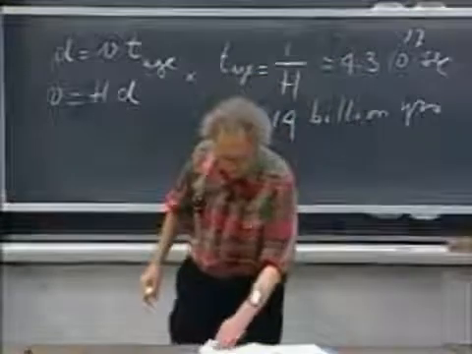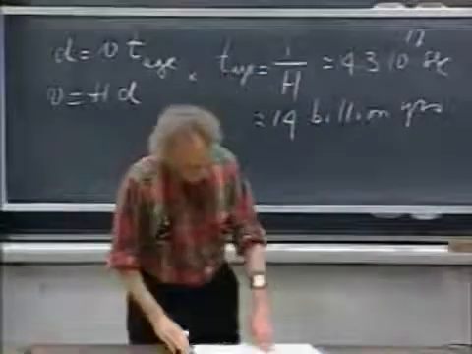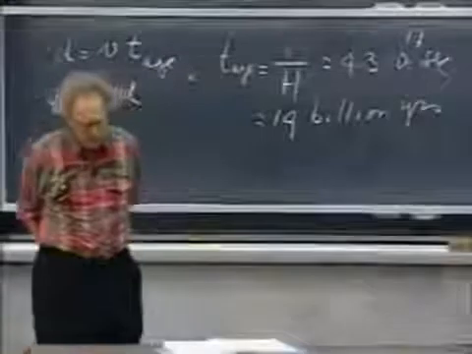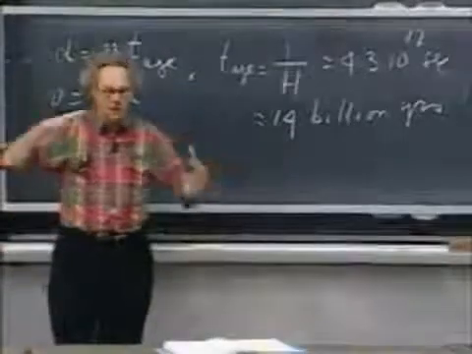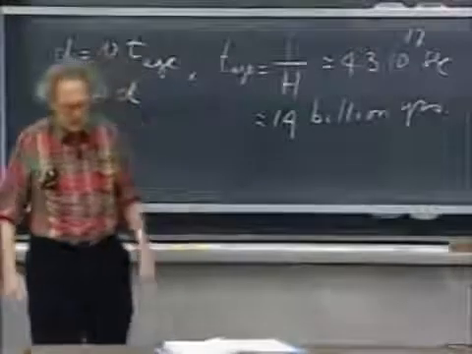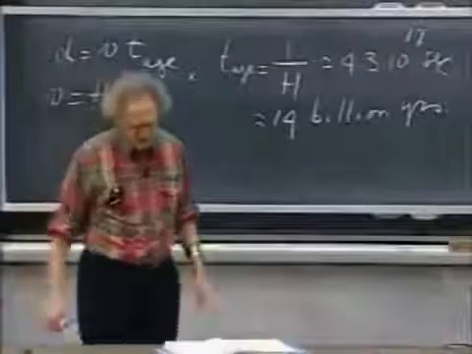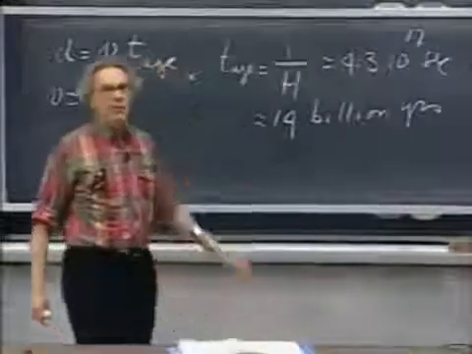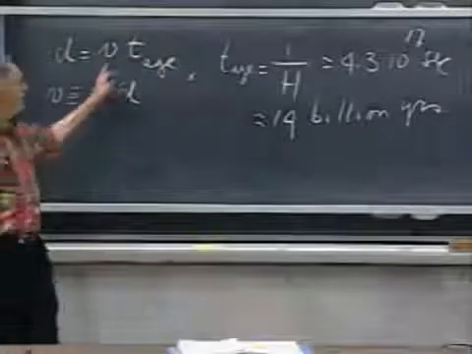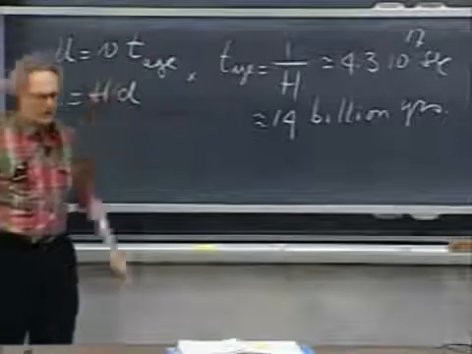So with this picture in mind, the universe would be about 14 billion years old. But because of the gravitational attraction of these galaxies, they attract each other, you may expect that the speed of the galaxies was larger in the past, and therefore the assumption that the speed doesn't change is not quite accurate.